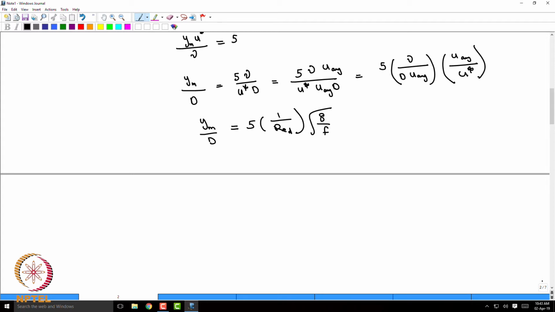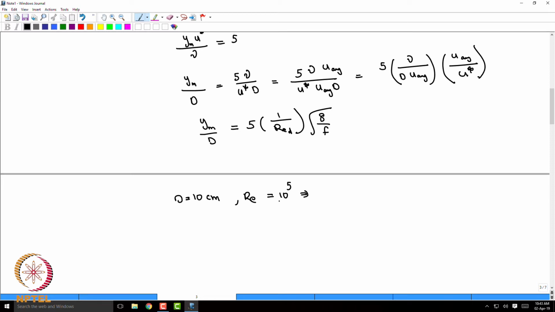Okay, so this is what the thickness of the wall layer is going to be compared to, let's say, the diameter of the pipe. Let's say you take a pipe of 10 centimeter diameter, and let's assume that Reynolds number that I have is 10 raised to 5.